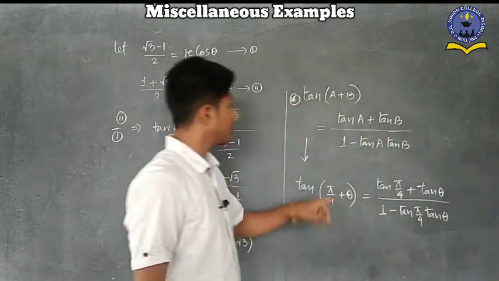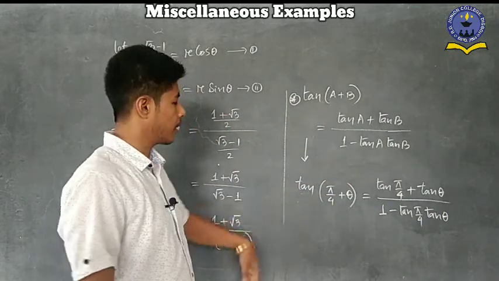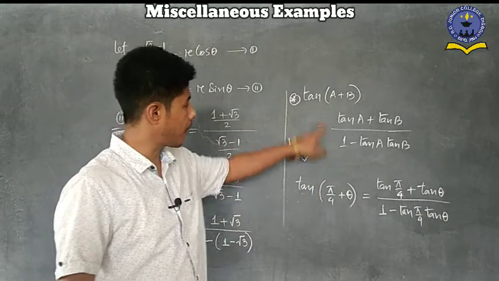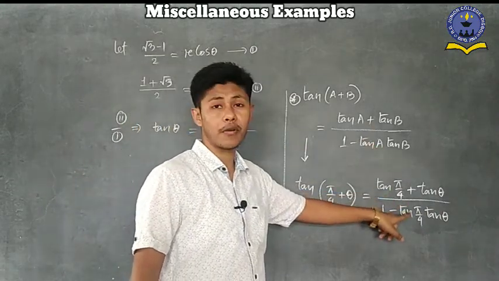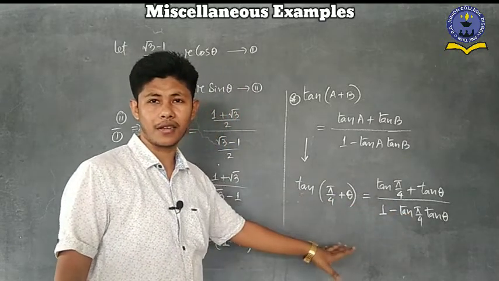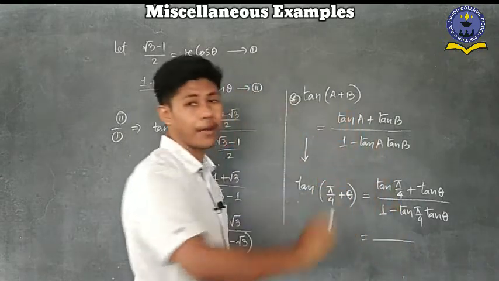You see here, if we apply this formula to tan (pi by 4 plus theta), a means pi by 4, b means theta, then this type of formula we have to write here. Now what is the value of tan pi by 4?